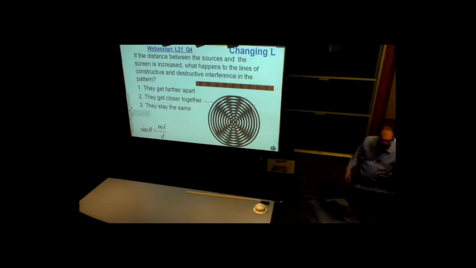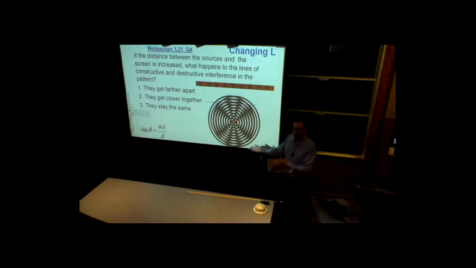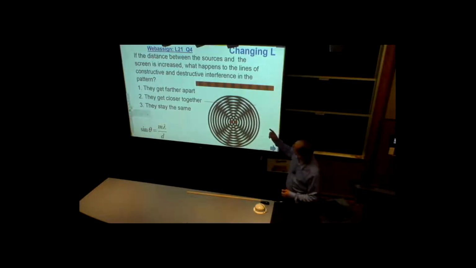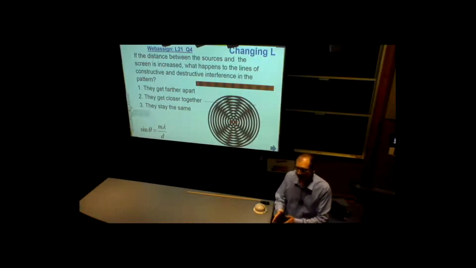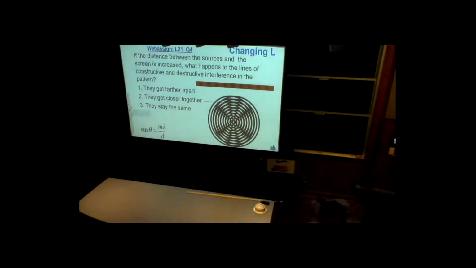Question number 4. Let's say we move the slits away from the screen, so we can do that. How would that affect the interference pattern?